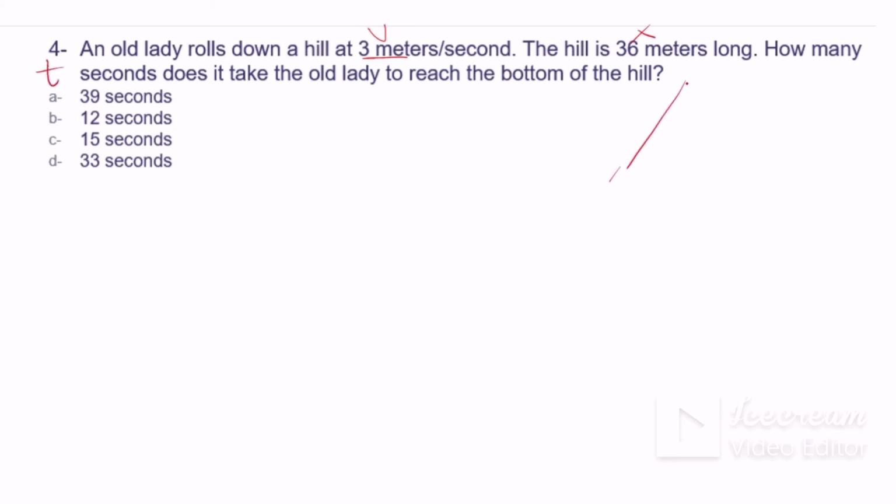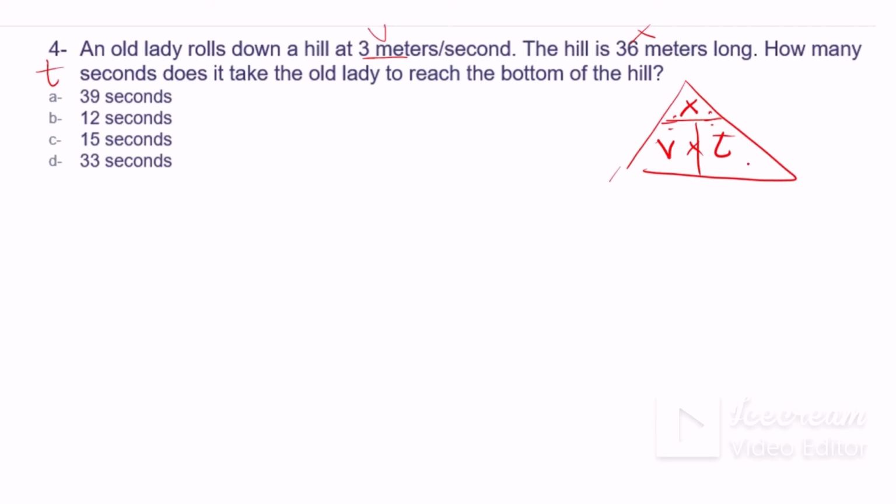Some students like to answer by using this triangle, with v down here, x up, and t down. If you want v, you divide x by t. If you want t, you divide x by v. If you want x, you multiply v by t.